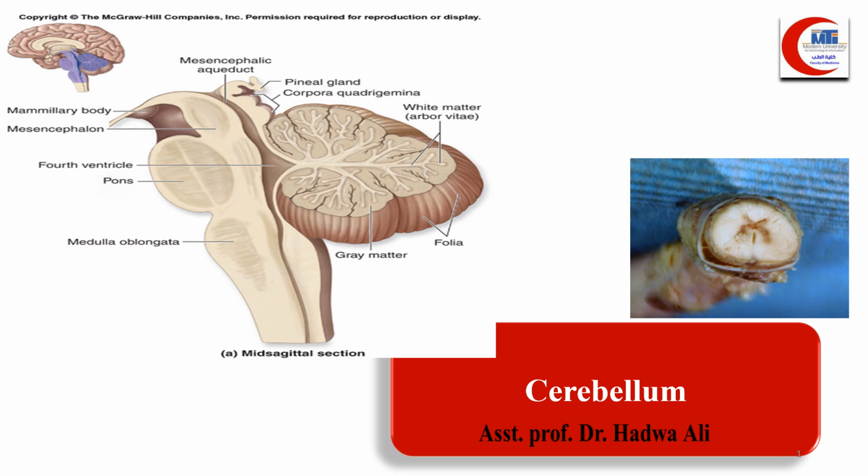We talked about cerebrum and spinal cord, so today we will talk about the last part in our central nervous system, which is called cerebellum. Cerebellum is a very important part in our central nervous system, which is responsible for balance. So, we will talk about histological features and structure of the cerebellum.